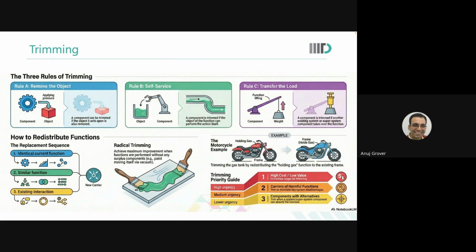So what are the various rules of trimming? The first rule is we are able to trim a component when the object of the function is not there. If the object of the function is eliminated, the carrier of the function can be eliminated.